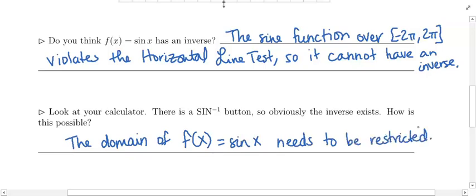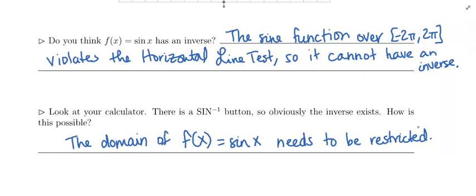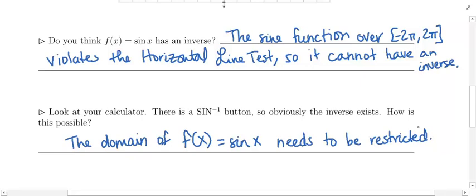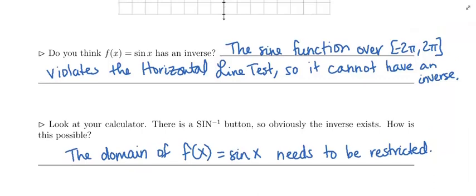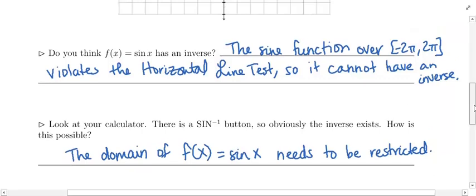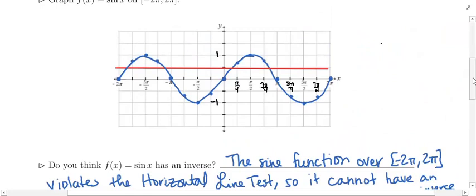A suitable portion of the sine function needs to be chosen, a portion that does pass the horizontal line test. And then from that we can create the inverse sine function. Now, you can't just go to the graph up here and pick any portion of it that you want. Mathematically, that has been chosen for us.